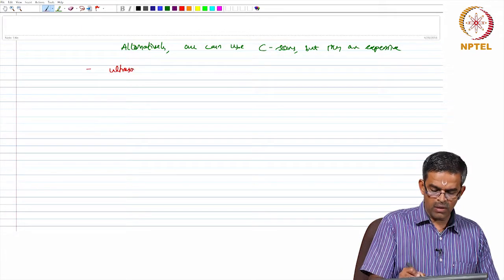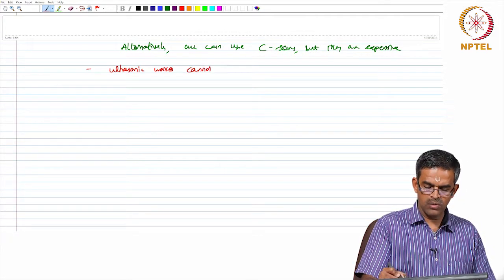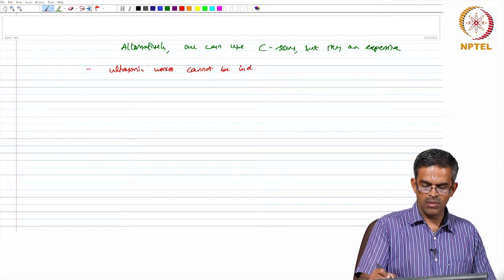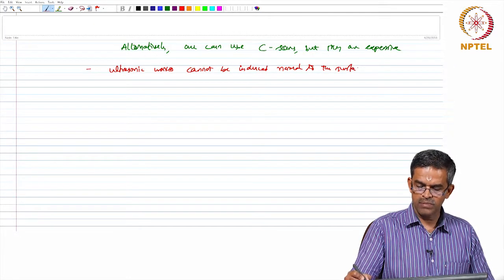The ultrasonic waves cannot be induced normal to the surface of the structure.